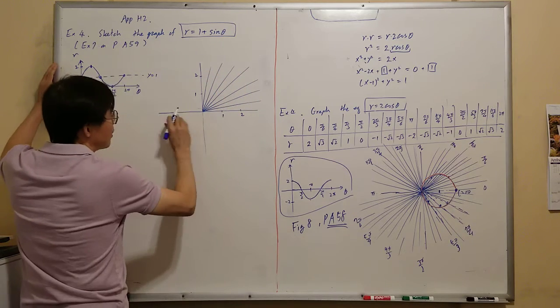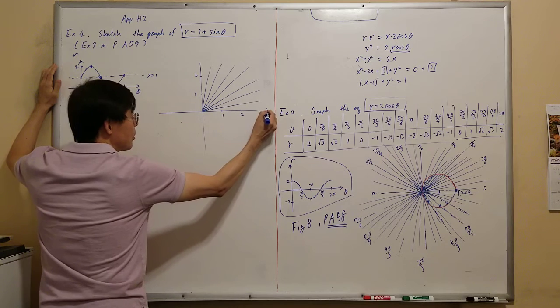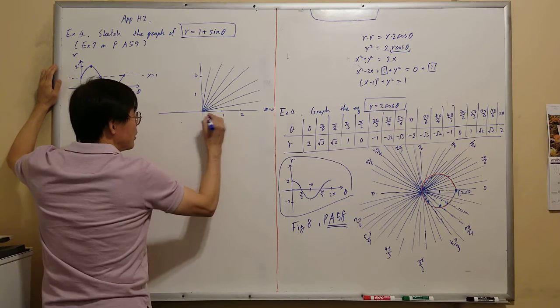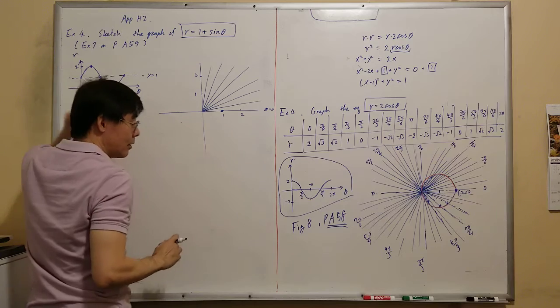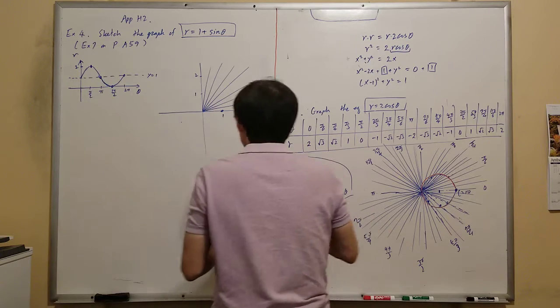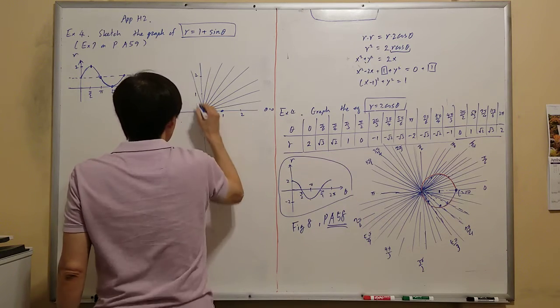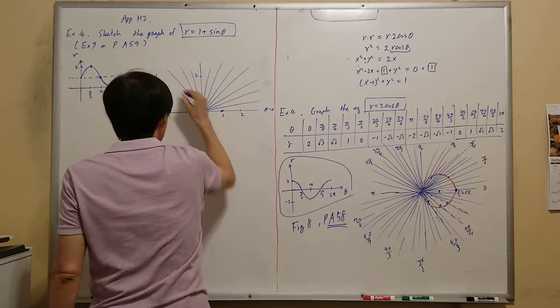At first, when theta equals 0, your length is 1. So I'm going to draw a bunch of these theta.